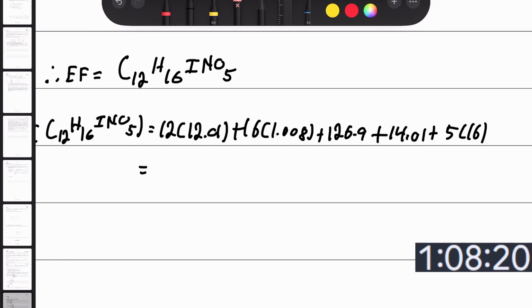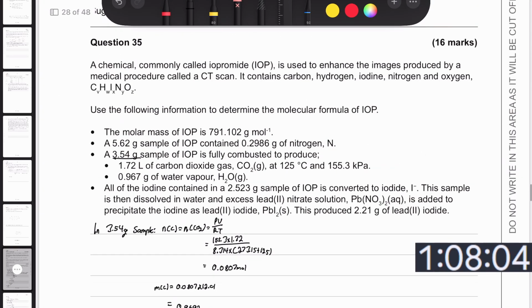So 12 times 12.01 plus 16 times 1.008 plus 126.9, 14.01, and 5 times 16 is 381.158 grams per mole.